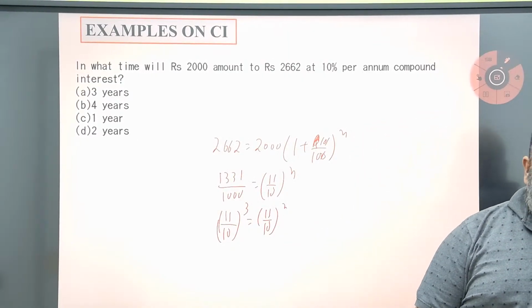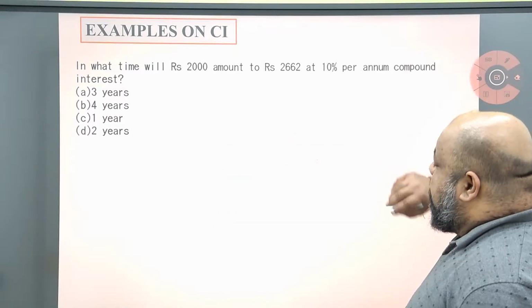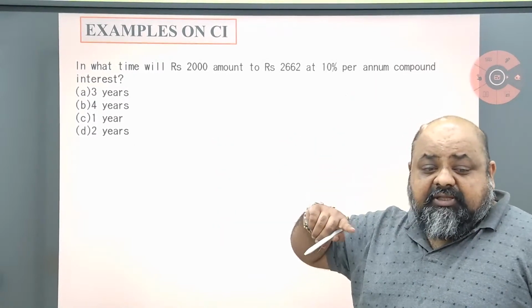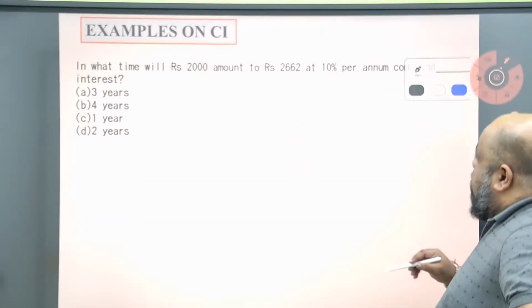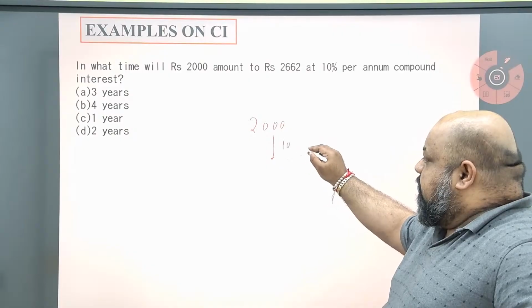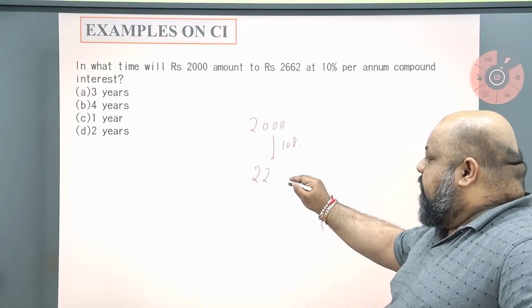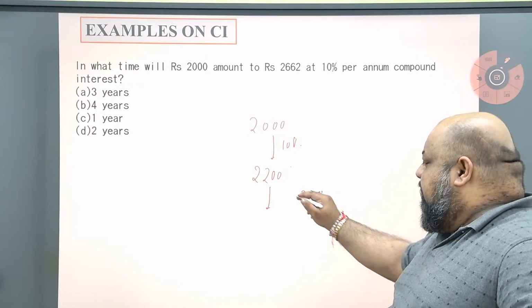If I am not able to solve using the formula, I'll use the property that I just talked about. So the amount has to increase by 10% every year. 2000 increased by 10% will be 2200. 2200 increased by 10%, again 220 will get added.